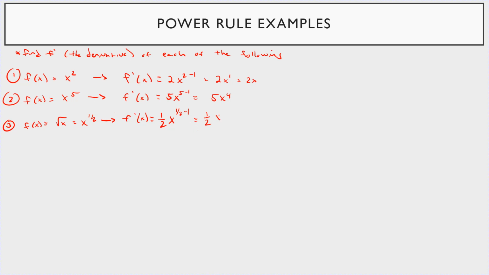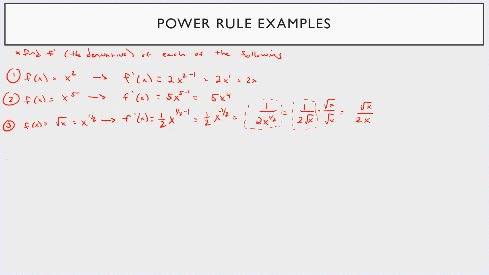Well, 1/2 minus 1 is minus 1/2. So this ends up being 1 over 2 x to the 1/2 power, or 1 over 2 square roots of x. And then if you want, you can even rationalize the denominator. But the most common way you'll see it will either be like this, or they'll even leave it like this, which is totally fine.